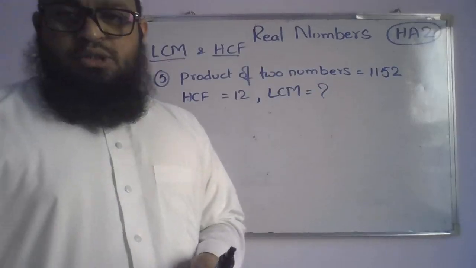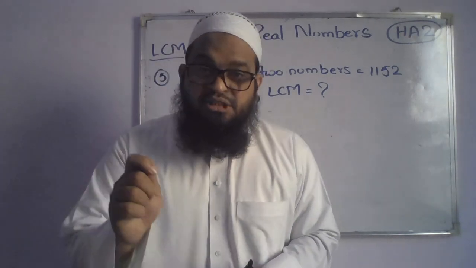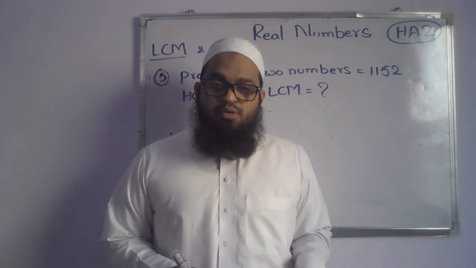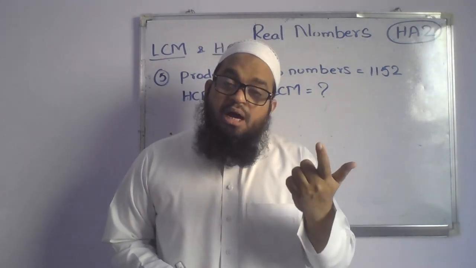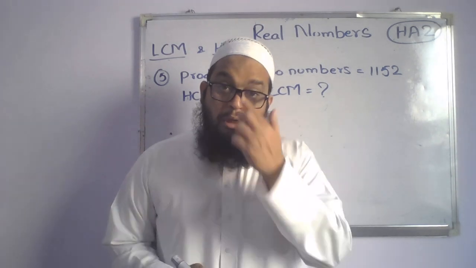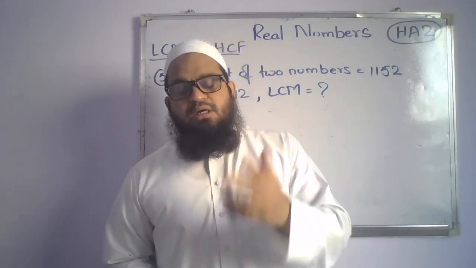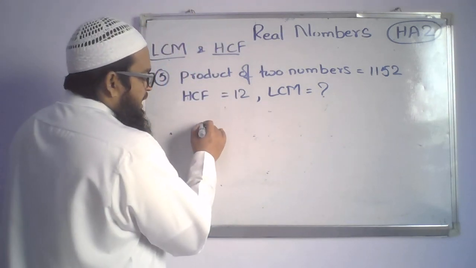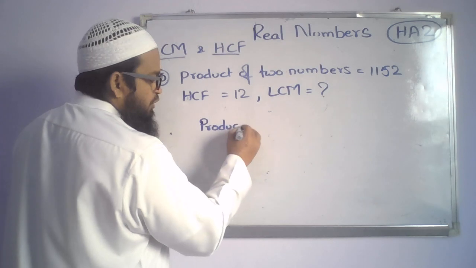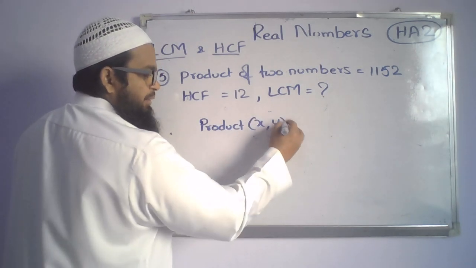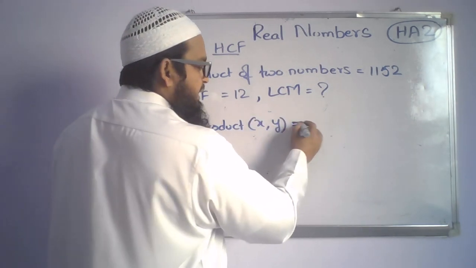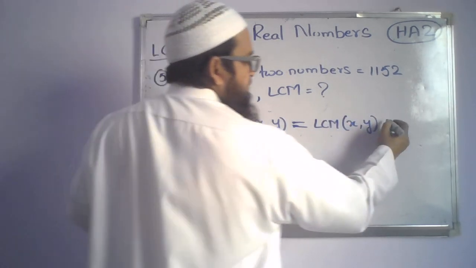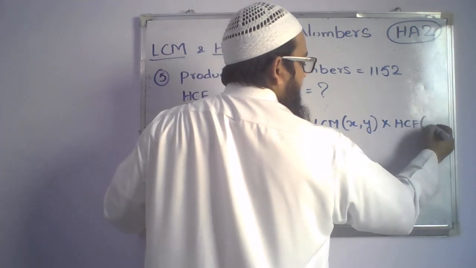Next problem. In order to solve the next problem, a concept has to be learned. What is that concept, sir? There is a concept between LCM, HCF and the numbers. We have already studied that the product of two numbers, let us take two numbers x comma y, is equal to the LCM of x comma y times the HCF of x comma y.